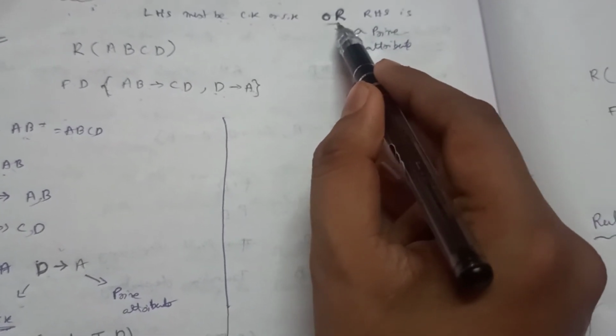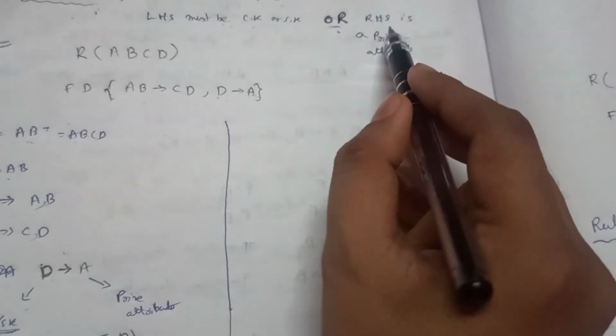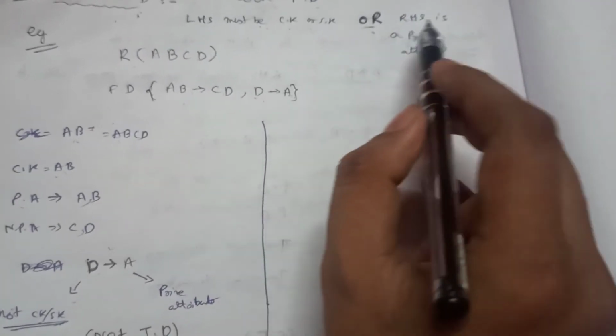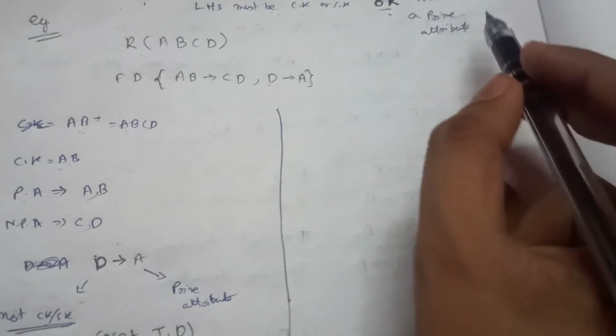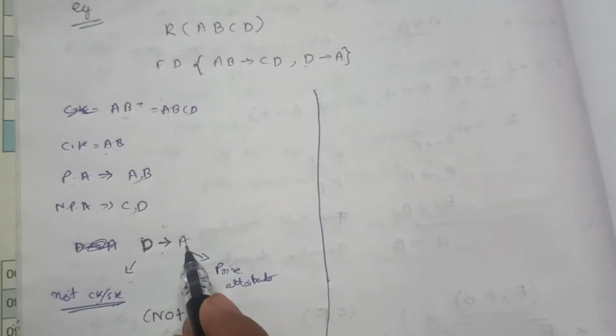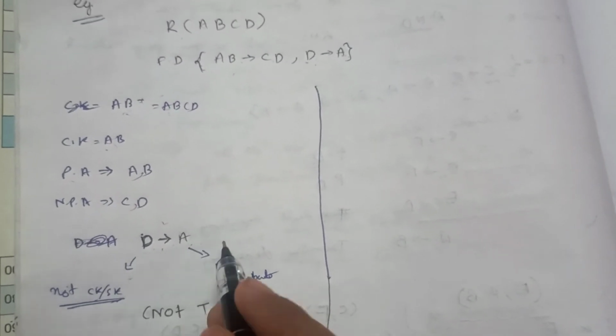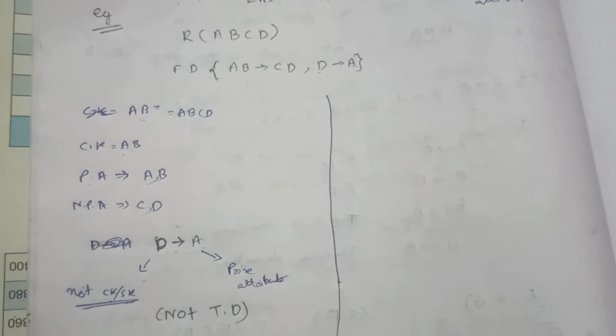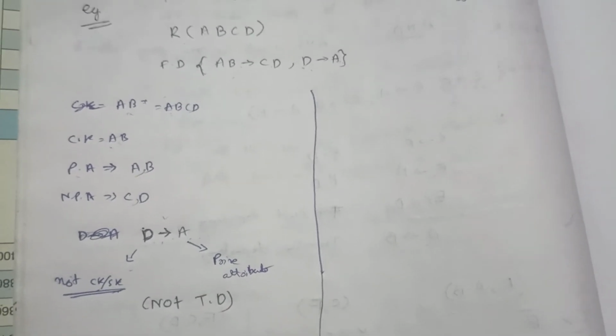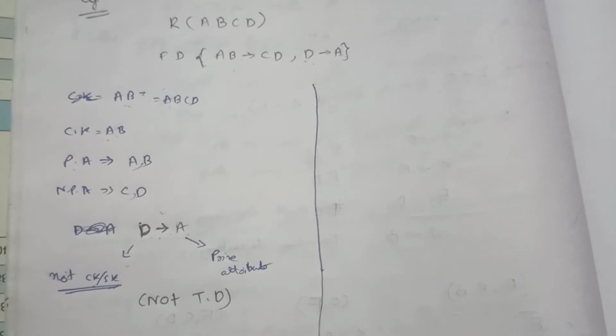As we have an OR here, if any of these two is true, then we don't have a transitive dependency. So D defining A is not a transitive dependency, none of the FDs is a transitive dependency, so this table is in 3NF.